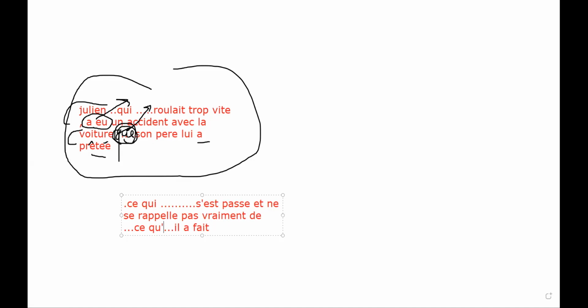It means what happened over there, and do not remember. Ne se rappelle pas vraiment. Vraiment is really. De ce qu'il a fait. Répétez après moi.